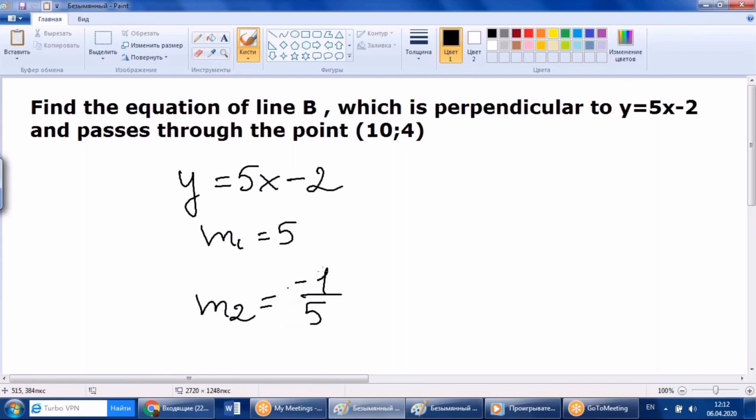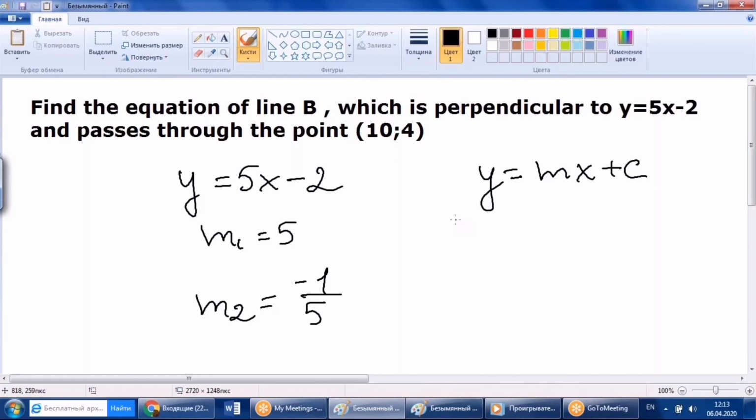Then we know that the equation of a straight line is y equals mx plus c. Let's put in our point, y and x, and gradient negative 1 over 5, and find c.